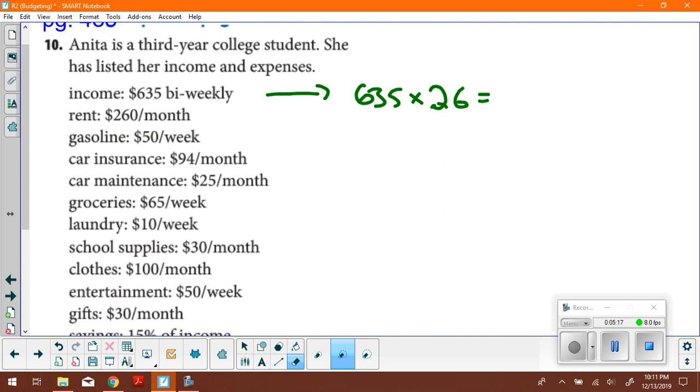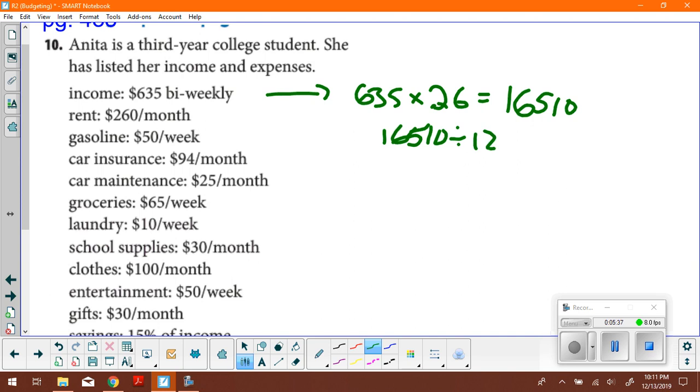So that is 16,510. And then to bring it back to a month, we just divide that by 12. So 16,510 divided by 12 is equal to, that rounds off to 1375 and 83 cents. So now we know what our monthly income is.